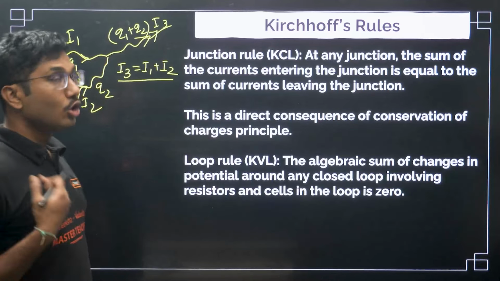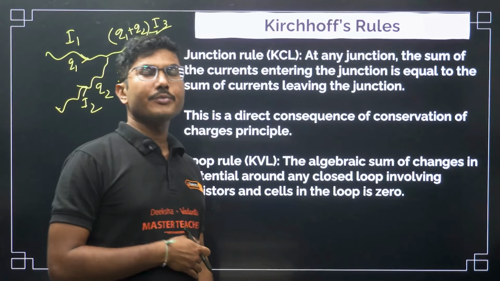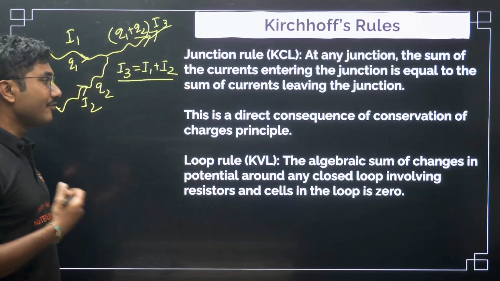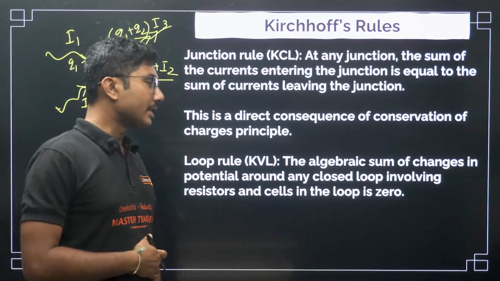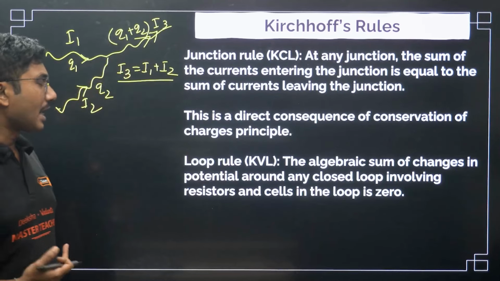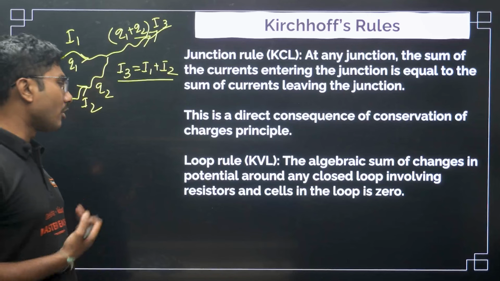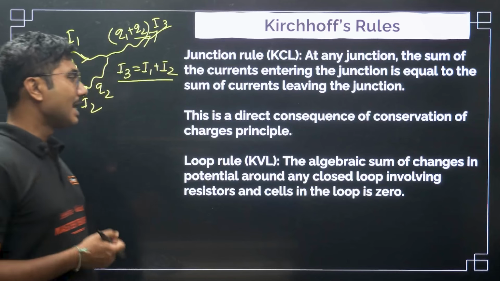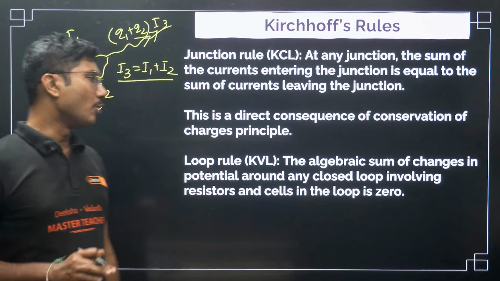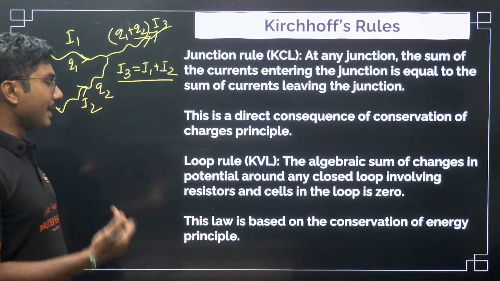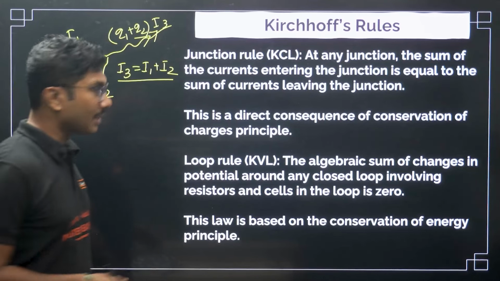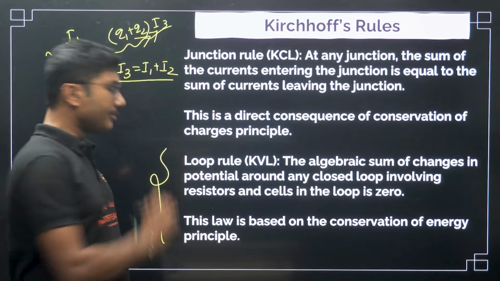Next is the loop rule or Kirchhoff's voltage law, called KVL. The algebraic sum of changes in potential around any closed loop involving resistors and cells in the loop is zero. The law is based on the conservation of energy principle. On this law we will be solving numericals.